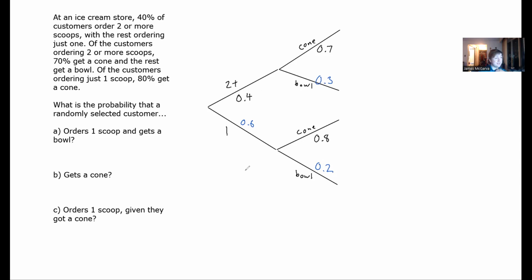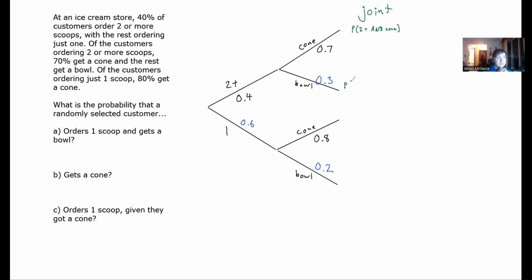So that's all set. And now we're going to find what we call the joint probabilities. The joint probabilities are the ands. So what's the probability that someone orders 2+ scoops and a cone?